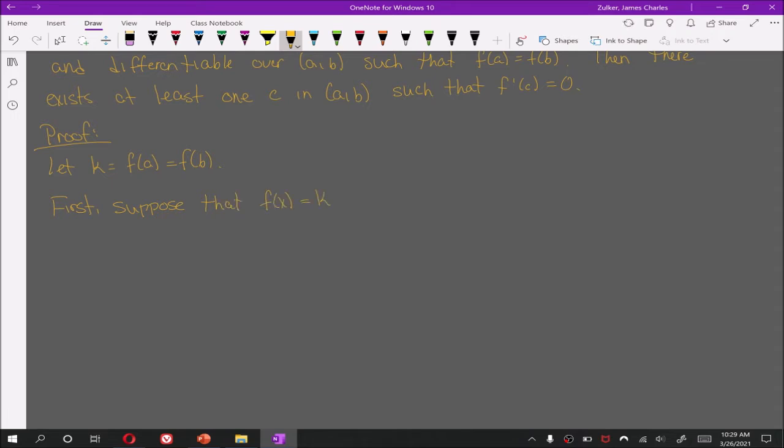That is, f of x equals k for all x in the interval a to b. Well then, obviously, f prime of x is equal to 0 for all x in a to b, right? Derivative of a constant is always 0. So we're done.